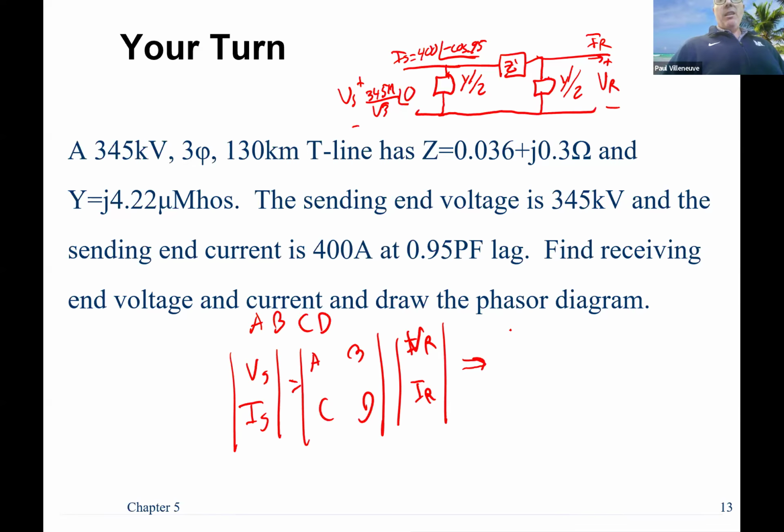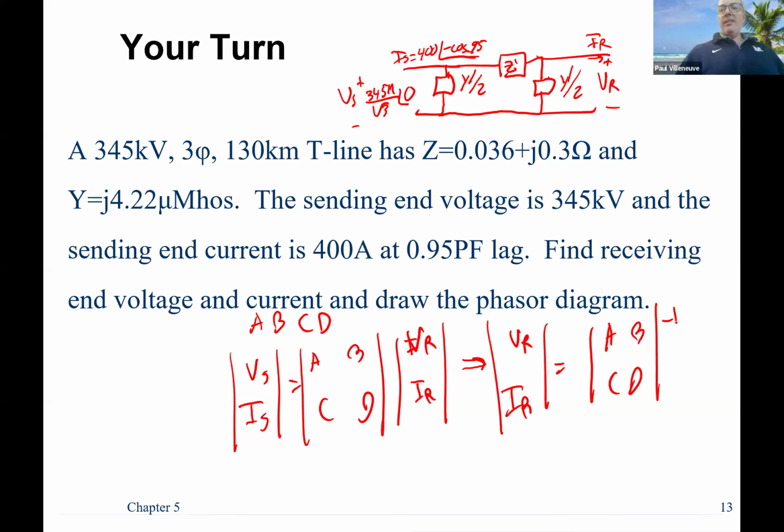I'm now going to solve for VR and IR, which are unknown, by taking my A, B, C, D matrix and inverting it, and then multiplying that by VS and IS. So these problems aren't particularly difficult. You just got to be meticulous about which way you're doing things.